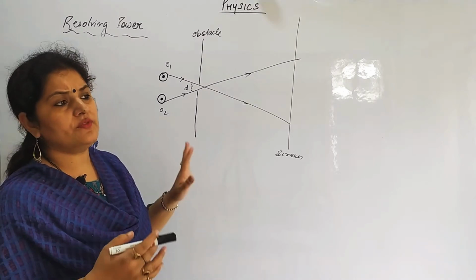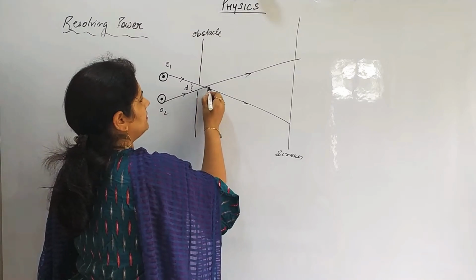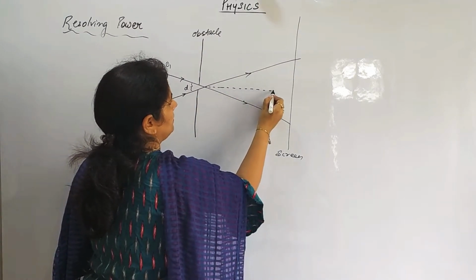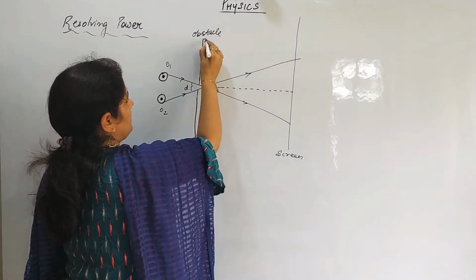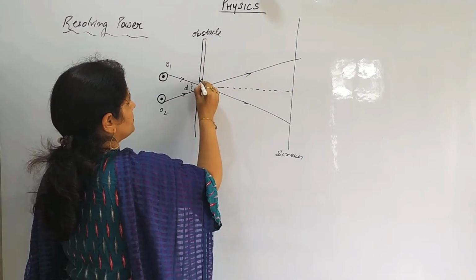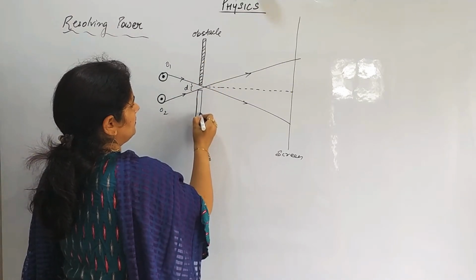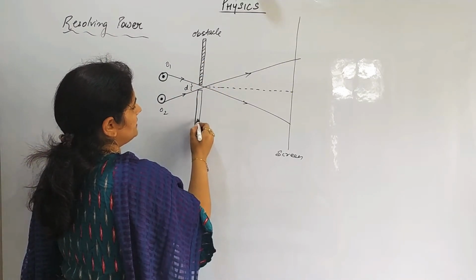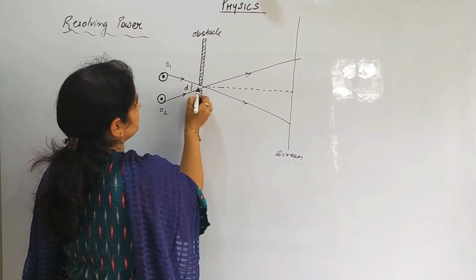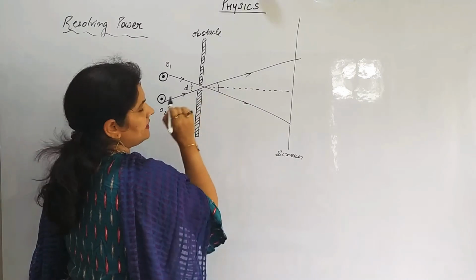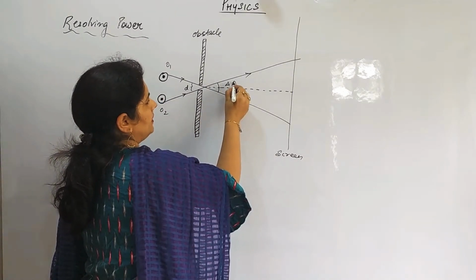Now suppose the light is reaching in the aperture region. Let us consider this as the center and let us say this was the aperture. We will draw it distinctly so that we can easily identify how this angle is made. Let us name this angle delta theta, right?